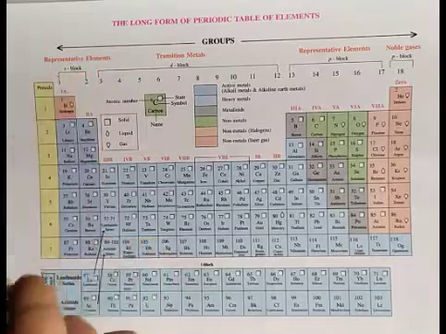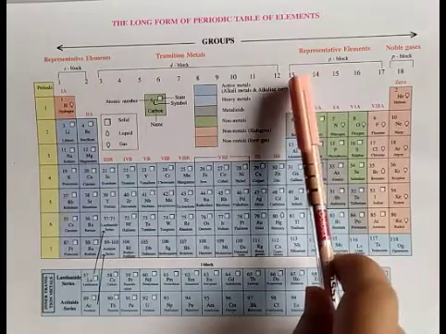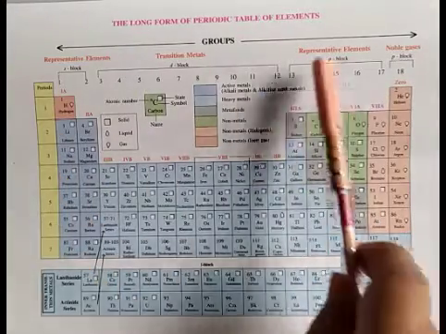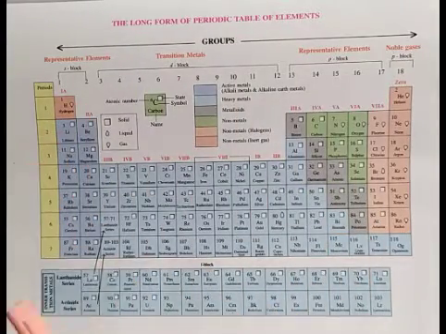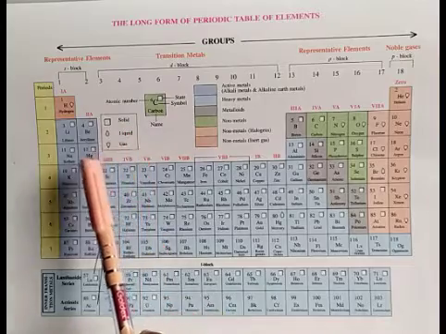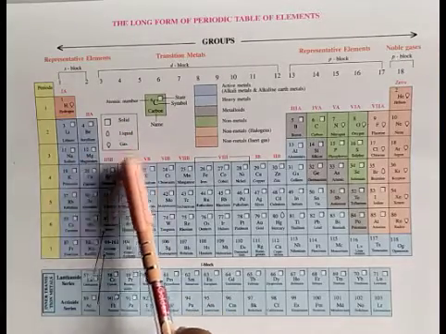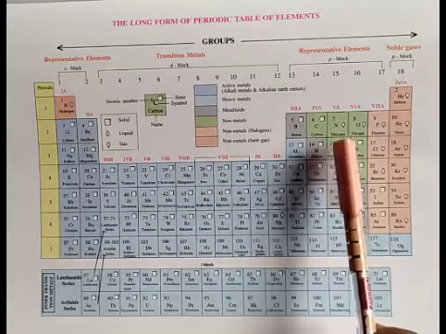Now group 1, group 2 and groups 13 to 17 always refer to representative elements. Now what remains? Group 3 onwards to group 12.